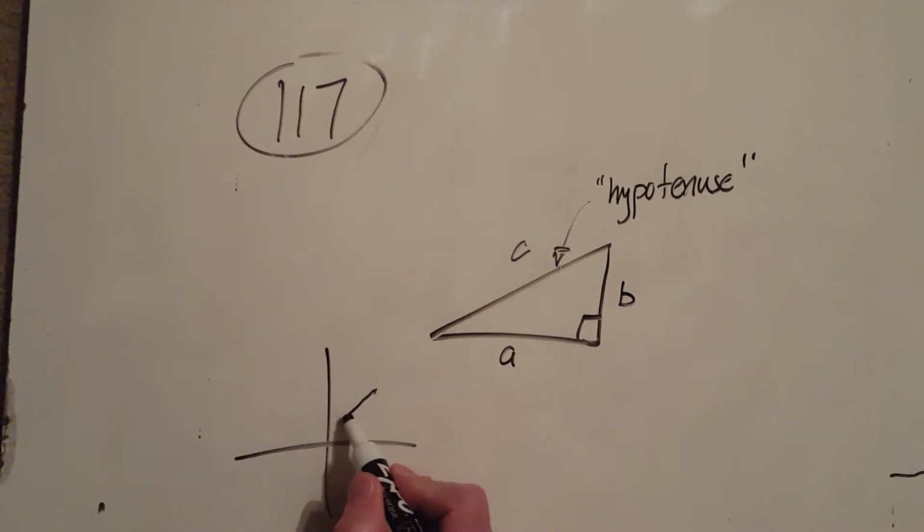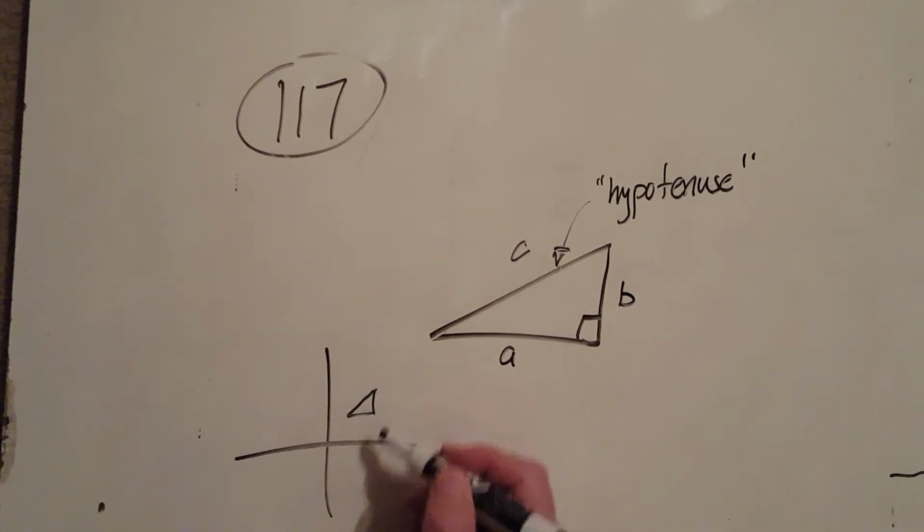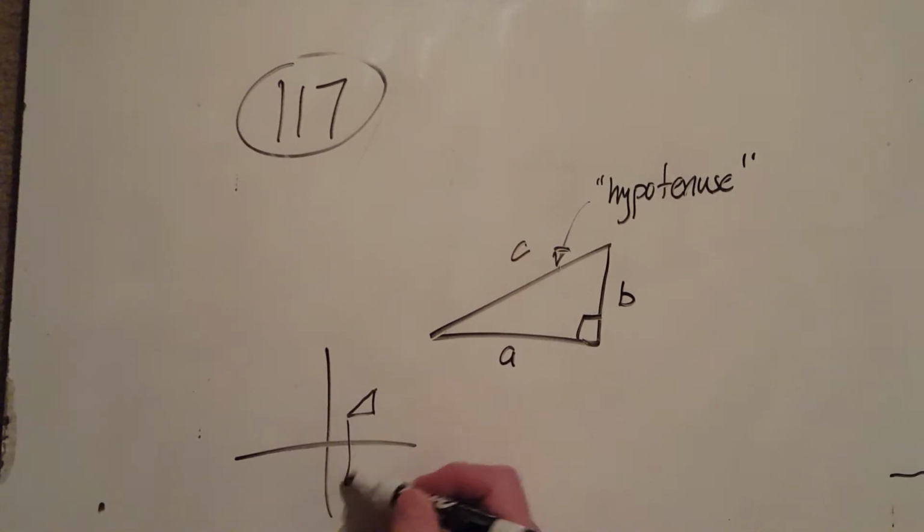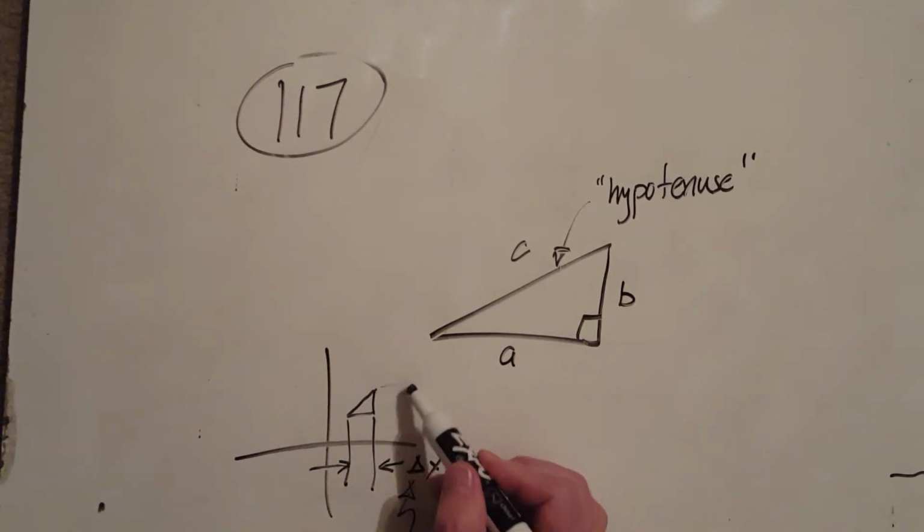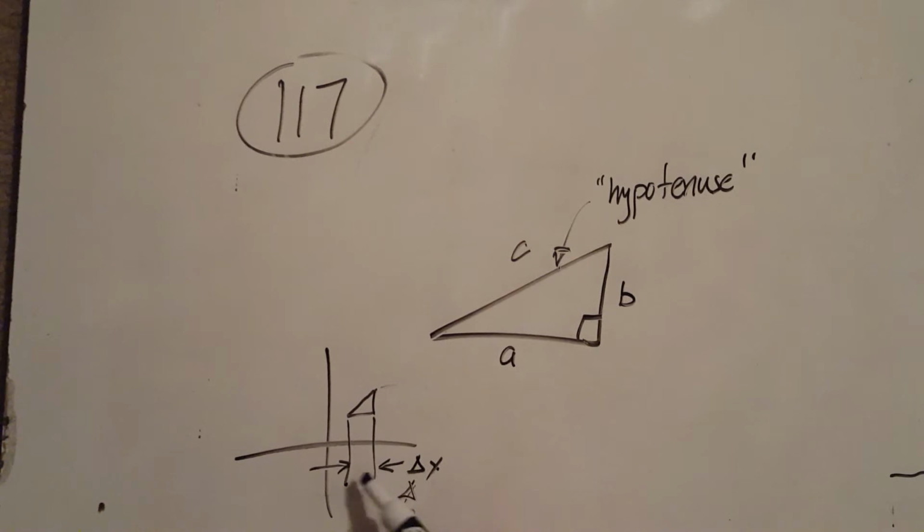Well, what you do is you draw a triangle, and this is going to be your difference in x here, or sometimes you'll see it called delta x. That's a capital delta, the Greek letter delta. That means change.